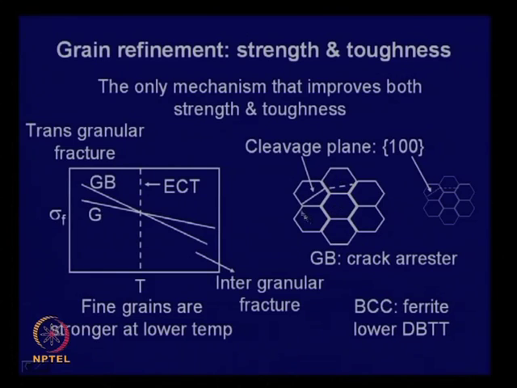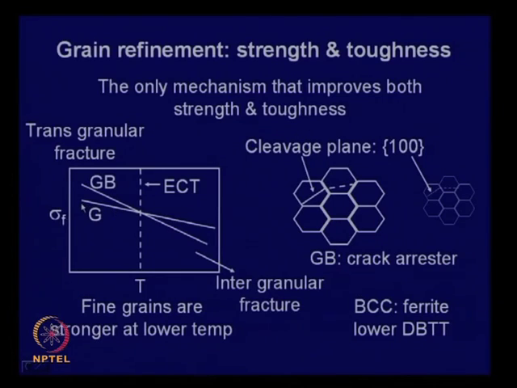Suppose this is a coarse grain structure. It is made up of two constituents, the grain and the grain boundary, and it is possible to visualize the strength of each separately. It has been reported that at lower temperature, the grain boundary is stronger than the grain.